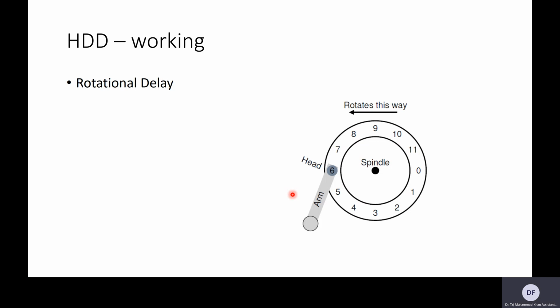So if you want to read or write data from different sectors, then there is this rotational delay: the time it takes to rotate the platter so that our desired sector comes under the head. And this rotational delay is a mechanical delay, which means it is mechanical movement, and mechanical movements are very, very slow compared to electrical signal propagation.